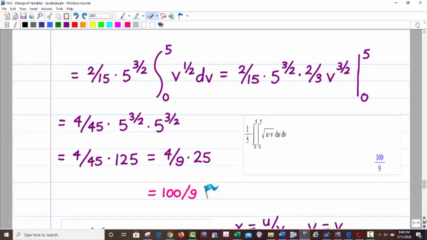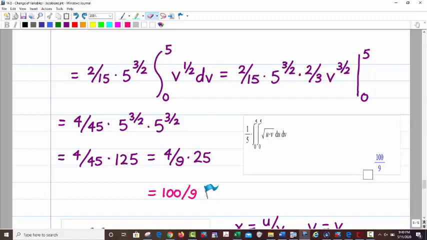Now, on a handwritten test, I would not expect you to have to get too cute with the answer here. If it's multiple choice, you could get the decimal equivalent of your answer and try to match it that way if you don't simplify it. But it does actually equal 100 over 9 precisely.